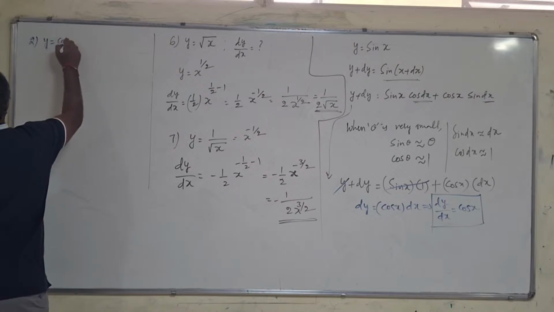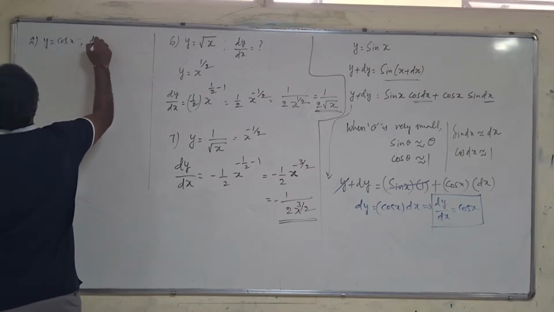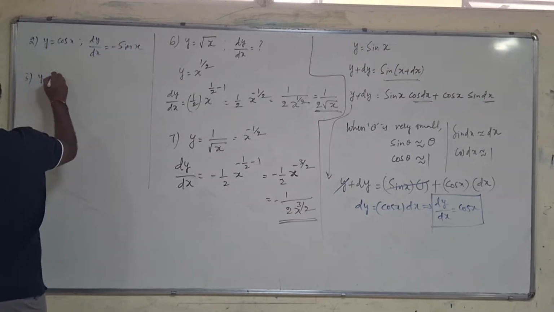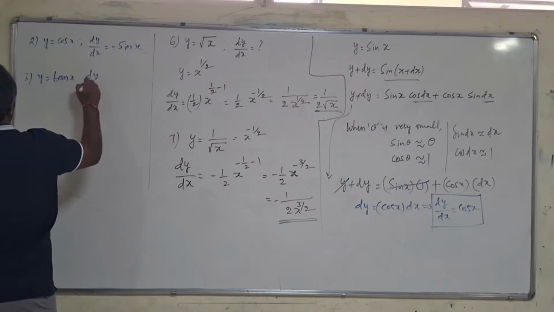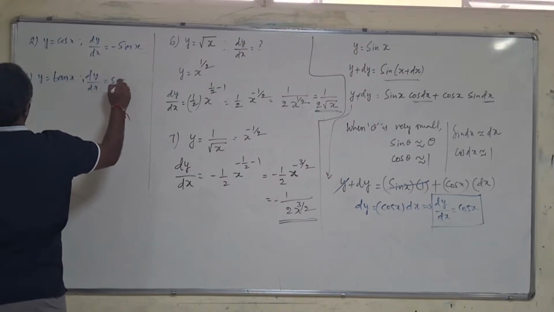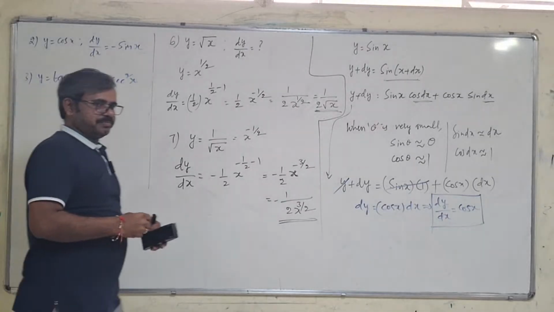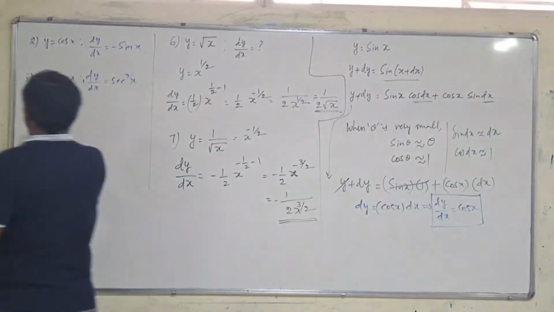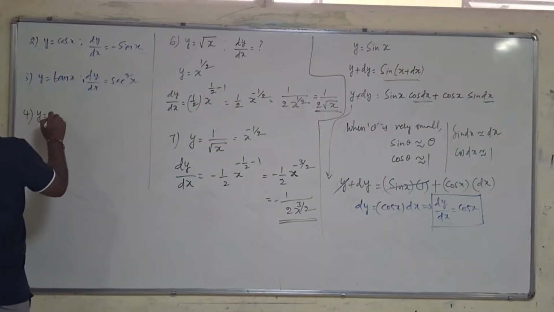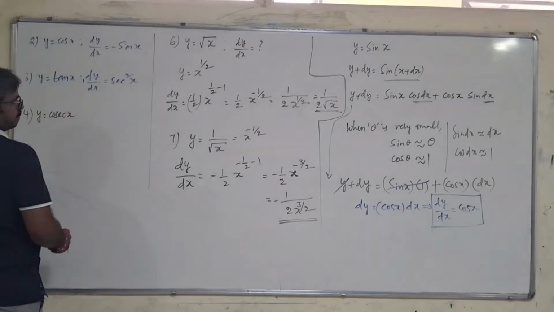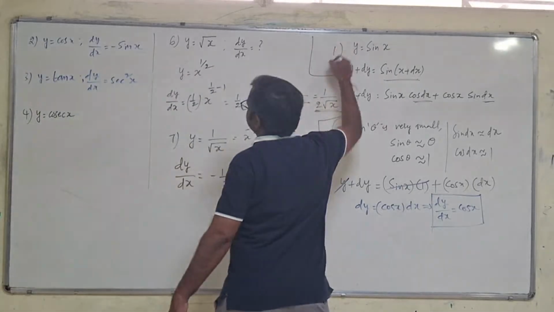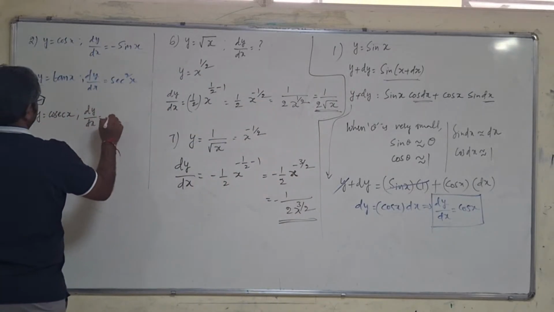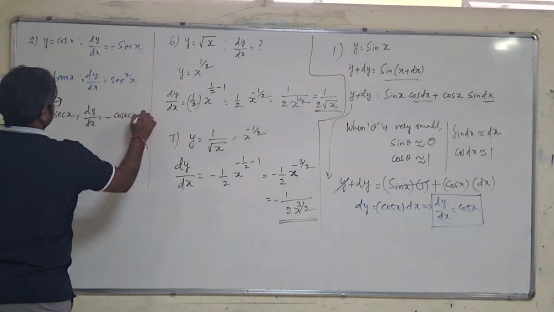When y is equal to cos x, dy by dx is equal to minus sin x. y is equal to tan x, dy by dx is equal to secant square x. You need to remember these formulas. When y is equal to cosecant x, dy by dx is equal to minus cosecant x cot x.